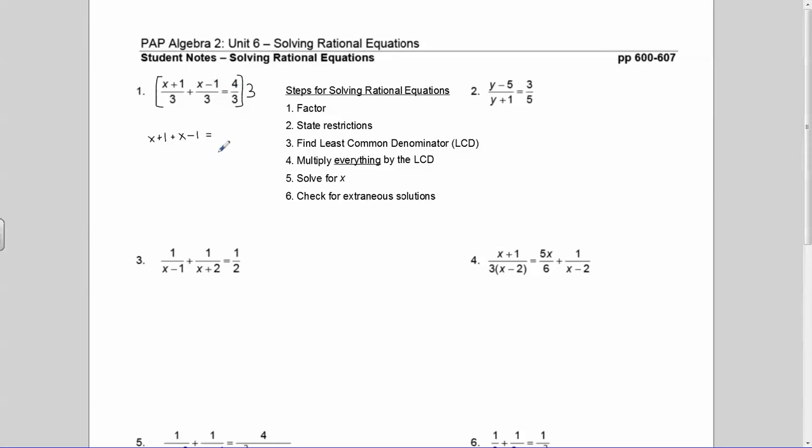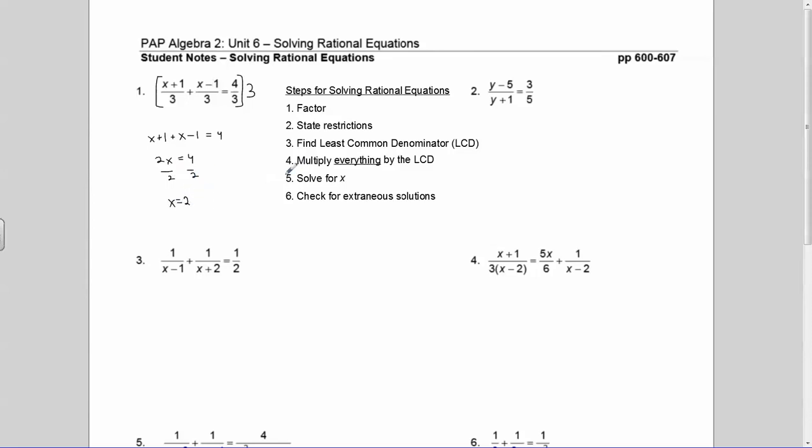And in this third fraction, the 3's divide out and we are just left with 4. So these x's will combine, give us 2x. The 1's will cancel because they are 0, and so that's just equal to 4. Next we'll divide by 2 and end up with x equals 2.